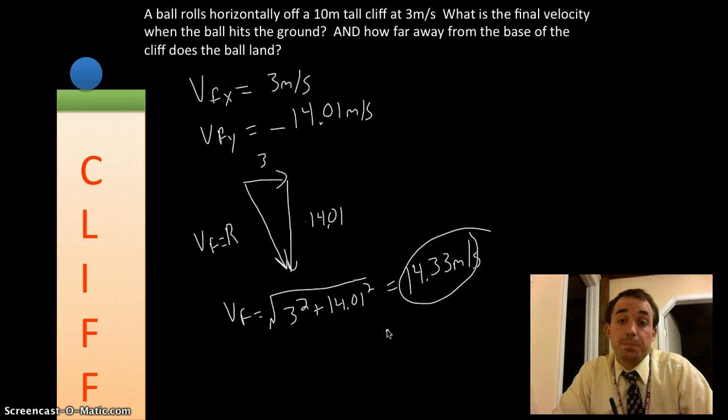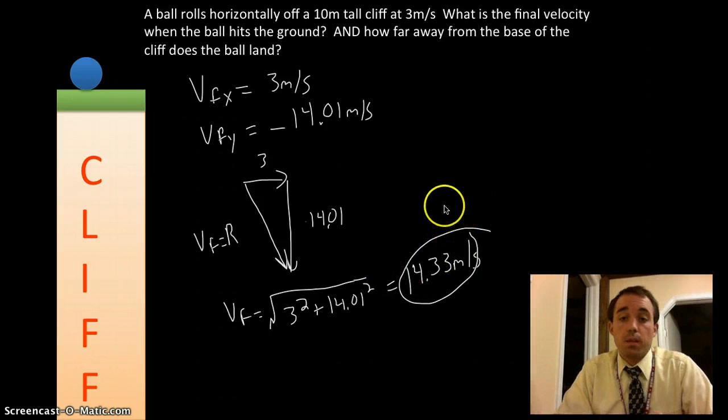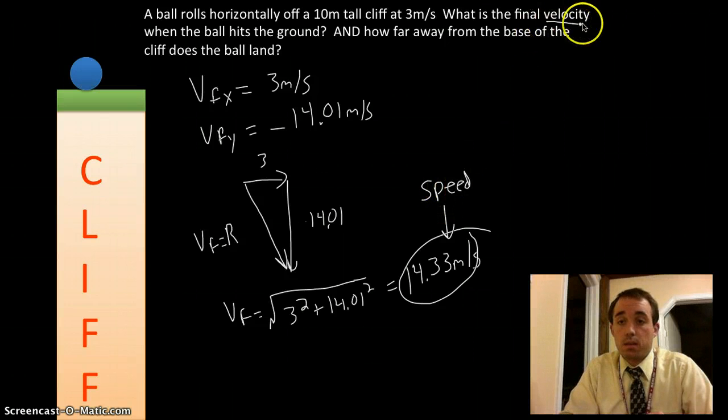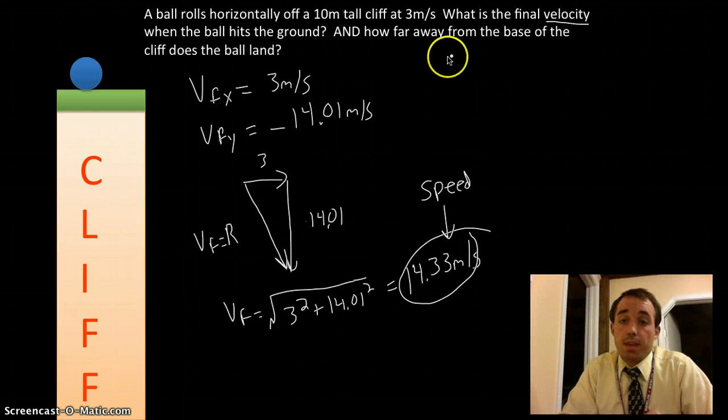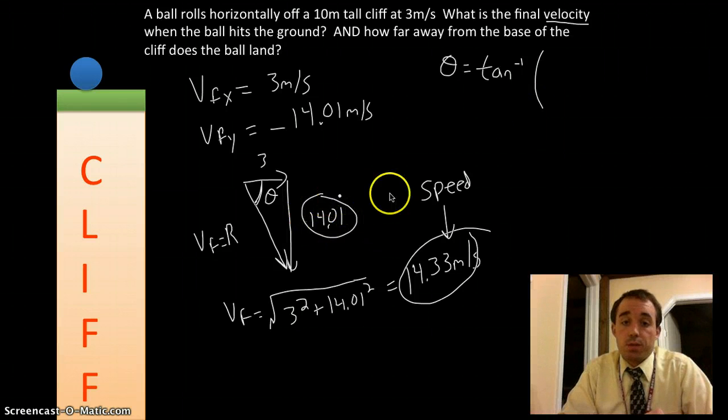But we're not done. Now, that's only our speed. Velocity is speed with a direction. So we need to find the angle. And the angle, which is this part right here, comes about from our inverse tangent function, just from last week, of the opposite side of the triangle, which is our 14.01, because it's opposite of this angle, divided by our adjacent side, which is a 3.